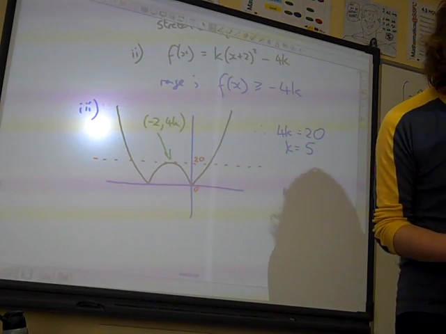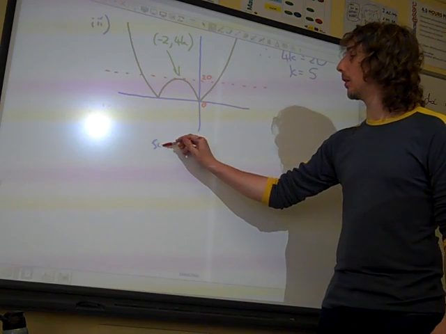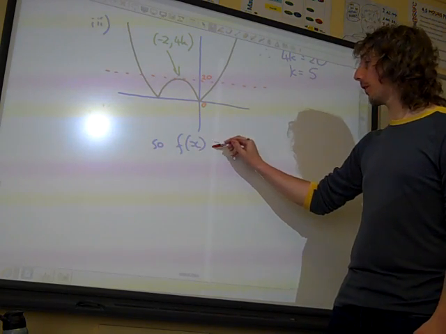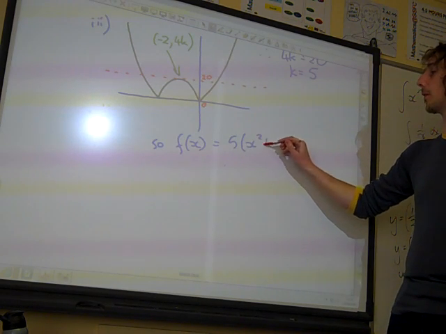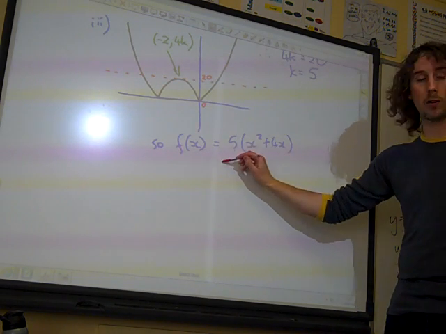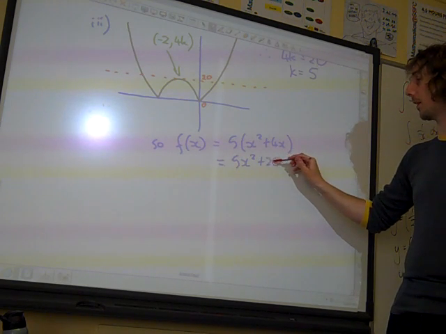If k is equal to 5, what do we know then? The original function was 5 lots of x squared plus 4x. So the original function we were dealing with was 5x squared plus 20x.